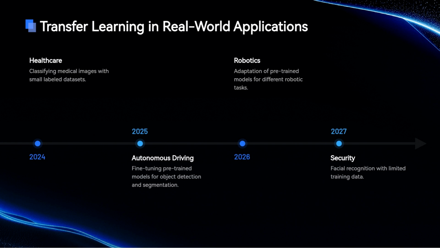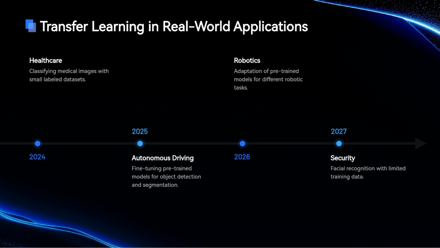Pre-trained models can be fine-tuned for object detection and semantic segmentation in the context of autonomous driving, where the system needs to understand and react to the environment in real time. Robotics. Robots can leverage pre-trained vision models for tasks like navigation, object recognition, and manipulation, where fine-tuning allows the system to adapt to specific environments and tasks.